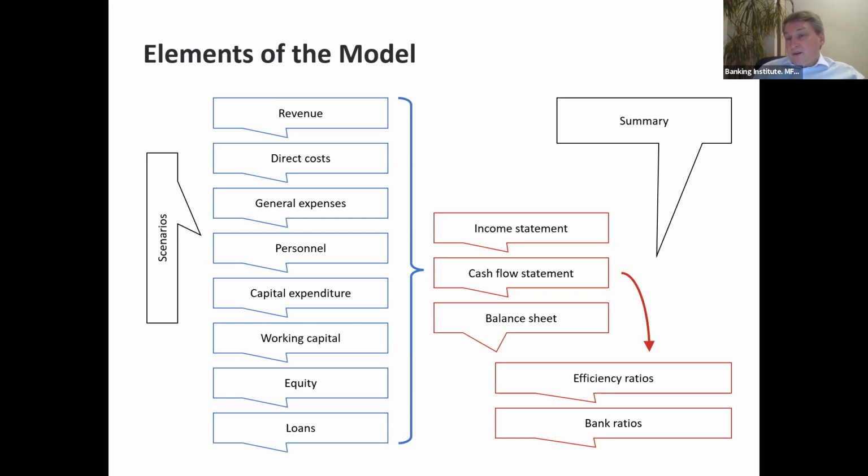And the last thing we add to our model is a summary with some key information about this project, so that people who work with the model could avoid going through the whole model each time they need some key numbers about the project. So these are the elements of our project. This is how I will build this project.